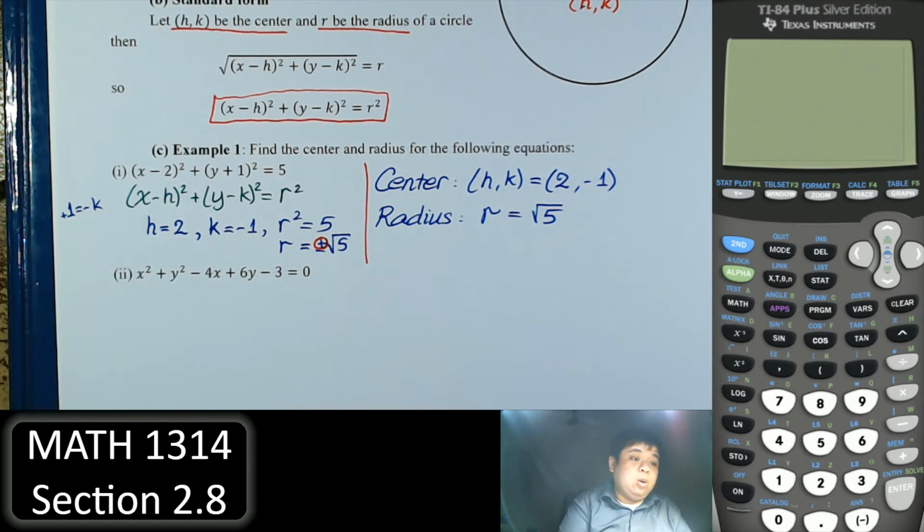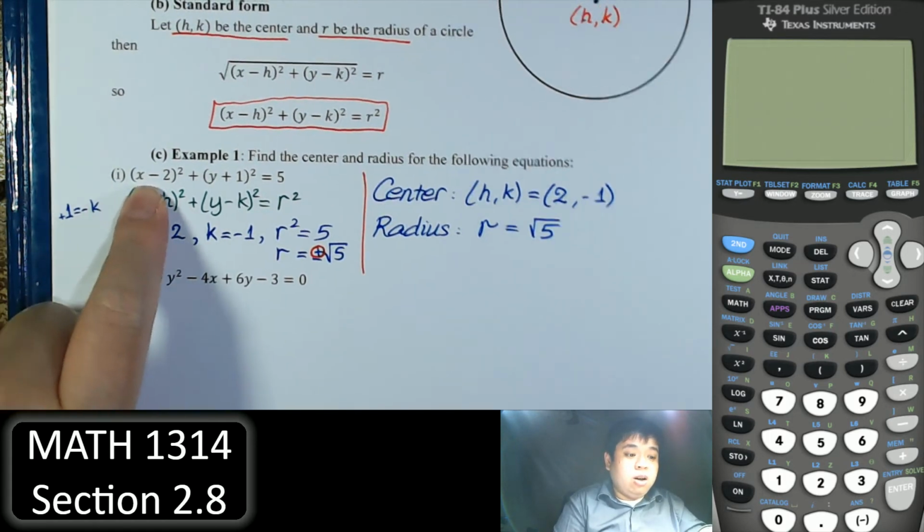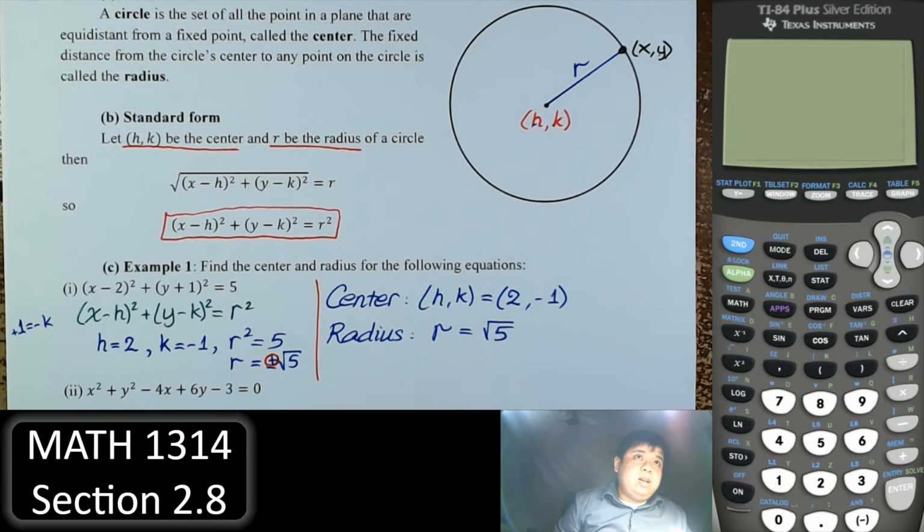We don't have the equation in the standard form, so we try to turn this into that form first before we can find the radius and the center.